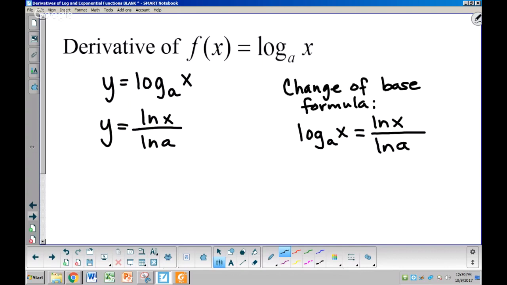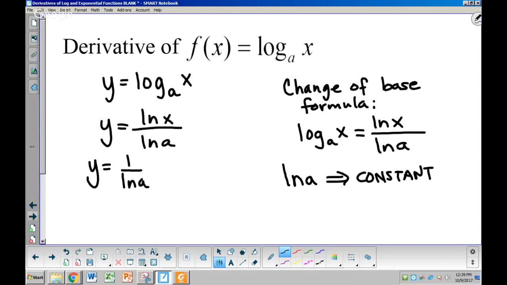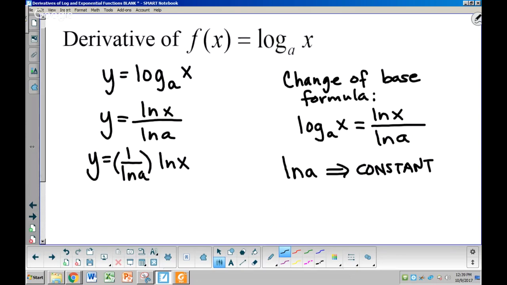Now, what is the natural log of a? We just have a constant. So it's just going to go along for the ride here. So I'm going to even rewrite this as y equals 1 over the natural log of a, which is just a number, times the natural log of x.